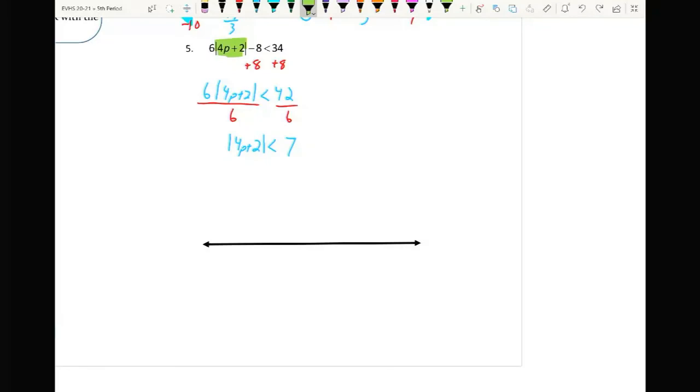But now that I have that isolated, I'm going to split it up into its two inequalities. So I've got 4p plus 2 is less than 7, and 4p plus 2 is greater than negative 7. Again, we flip the sign of both the inequality and of the constant over on the right, of the 7. Okay, so now we're going to subtract 2 on both sides, giving me 4p is greater than negative 9.